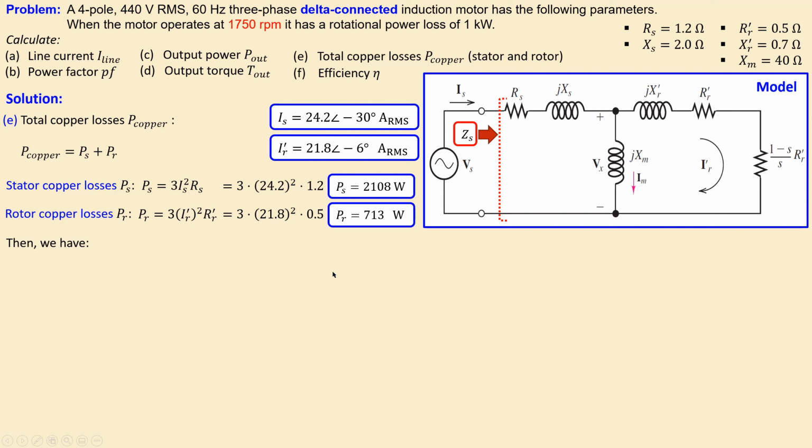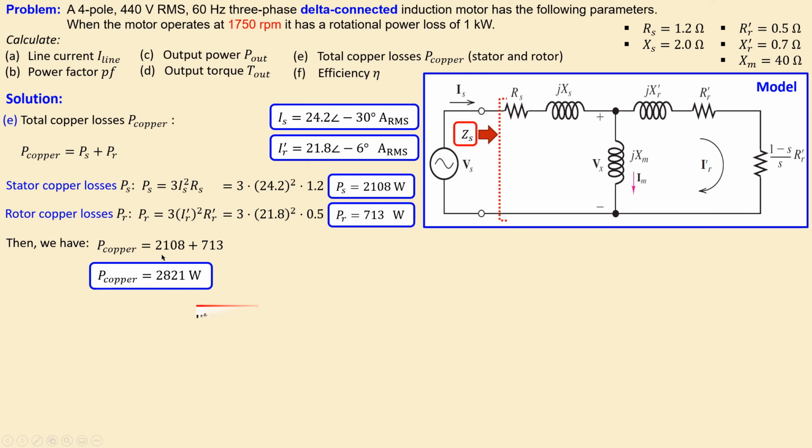Now we can combine these together. We have these two values, and the summation of them is 2821 watts. That is our power loss due to the copper in the stator and also the rotor.